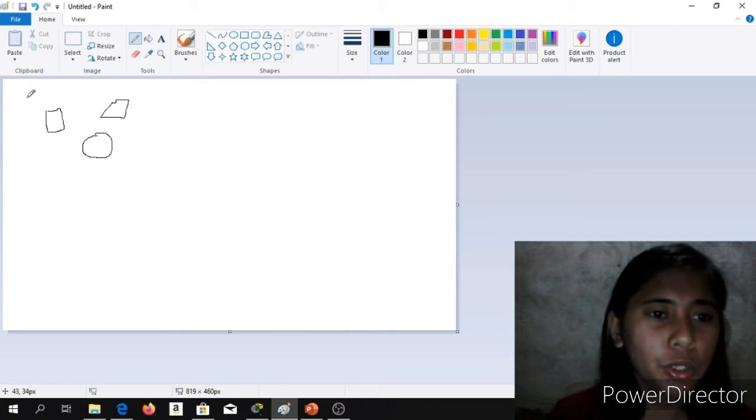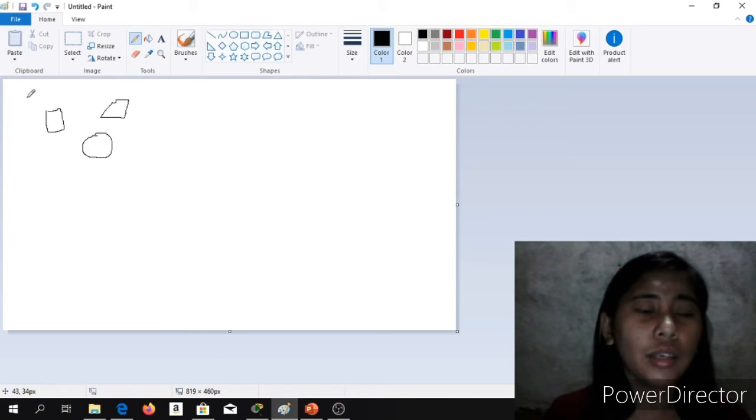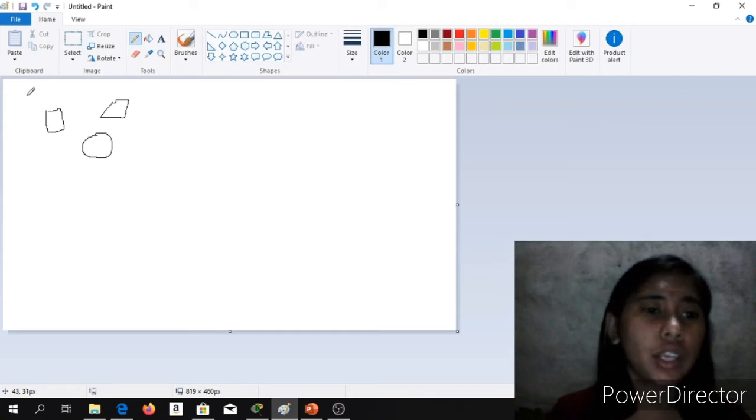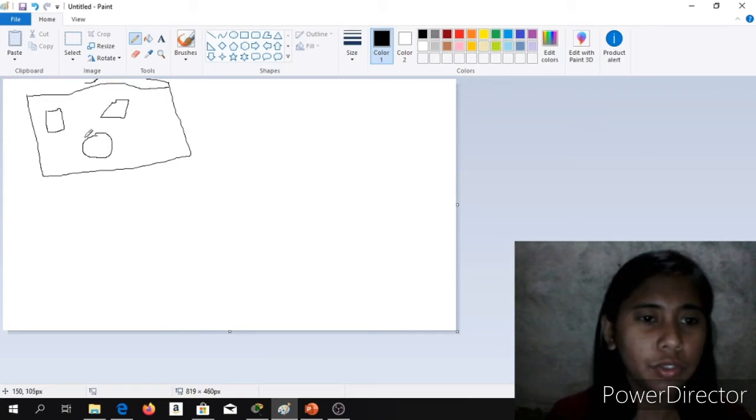Like what I said earlier, the meaning of WAN is a large geographical area such as a state, province, and even a country. For example, this is the computer.